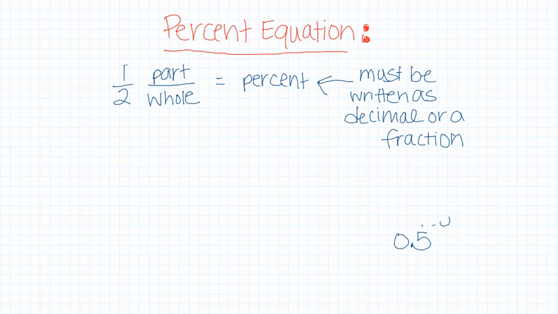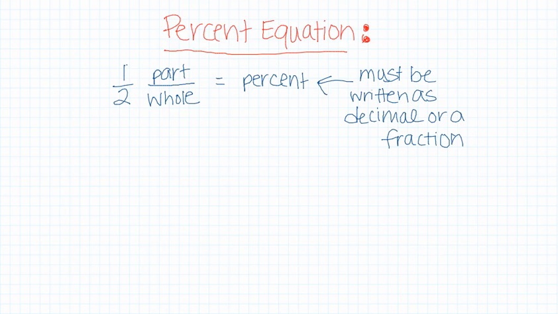So now we're going to determine what our equation is going to be. We need to get rid of this whole in the denominator. We don't want any more fractions. In order to get rid of this, we're going to multiply, because that is the opposite operation. We're dividing, so we need to multiply.